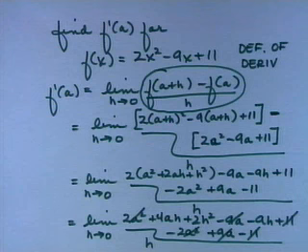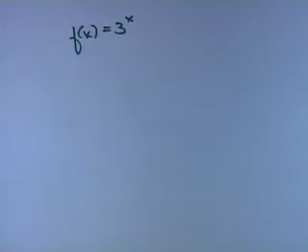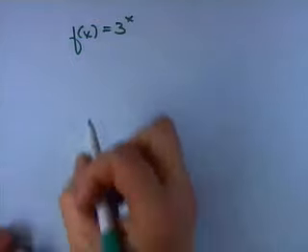All right, we don't really have any other way except maybe to use some calculator help and some approximation process in this. Let's suppose that our function is the function y equals 3 to the x. And we want to know this.